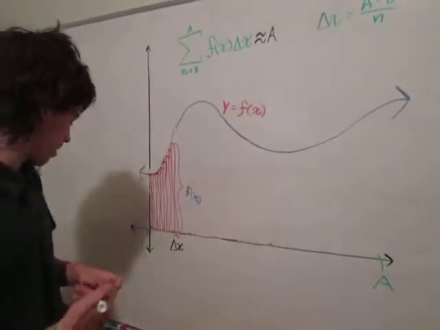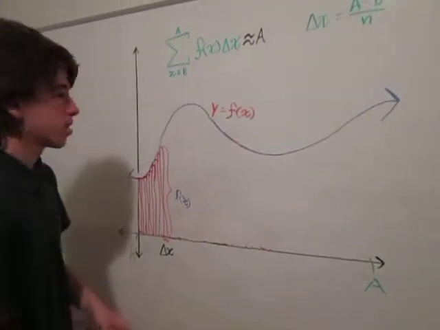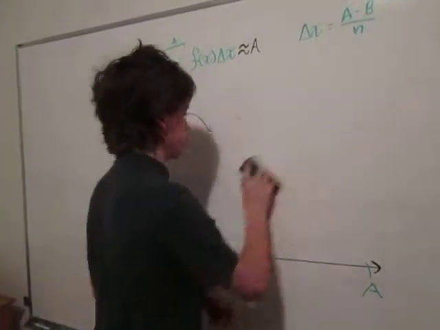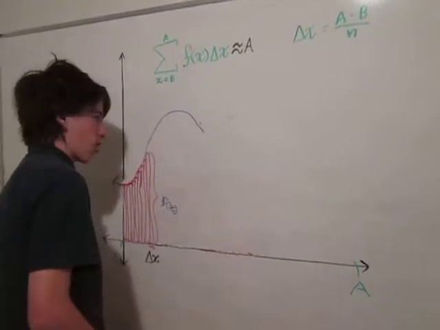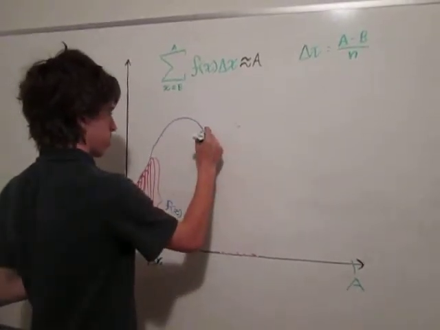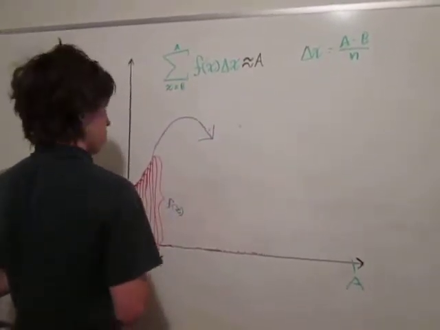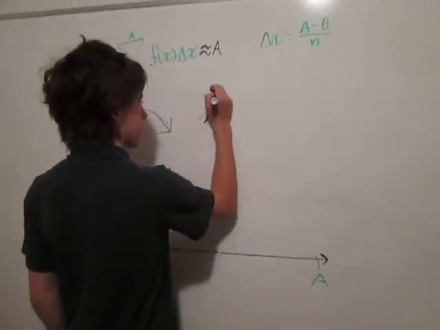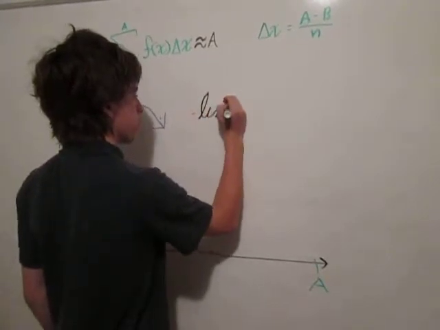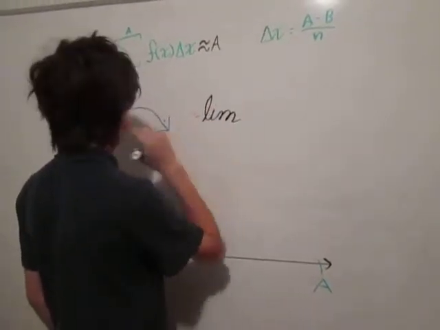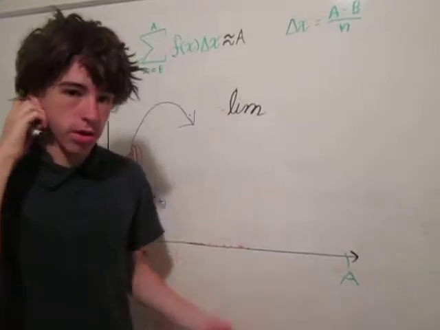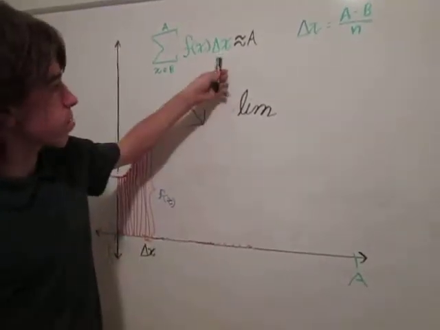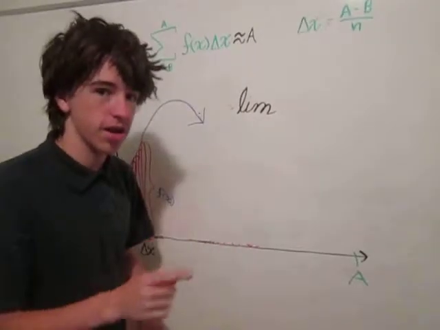So, how would we write that? Now I'm going to make some space. I'm going to cut off some of this graph, since we're not really using it anyway. So, we would take the limit. If you recall limits from previous videos, great; if you haven't seen those videos, you can rewatch them. As delta x approaches 0, when it gets to 0, it's not there yet. We don't want it to be 0.